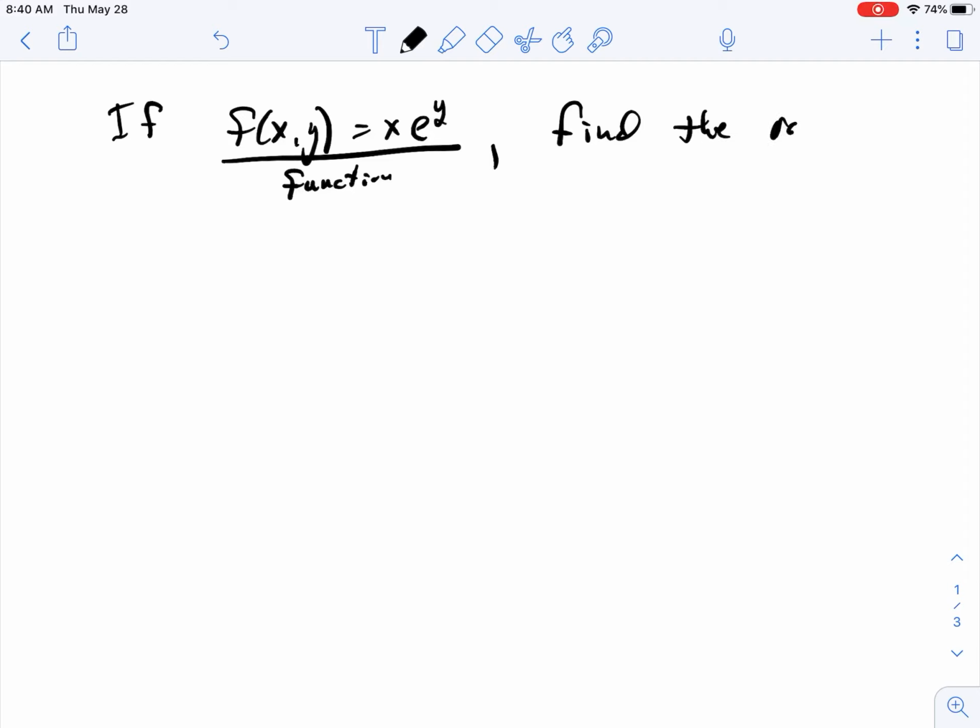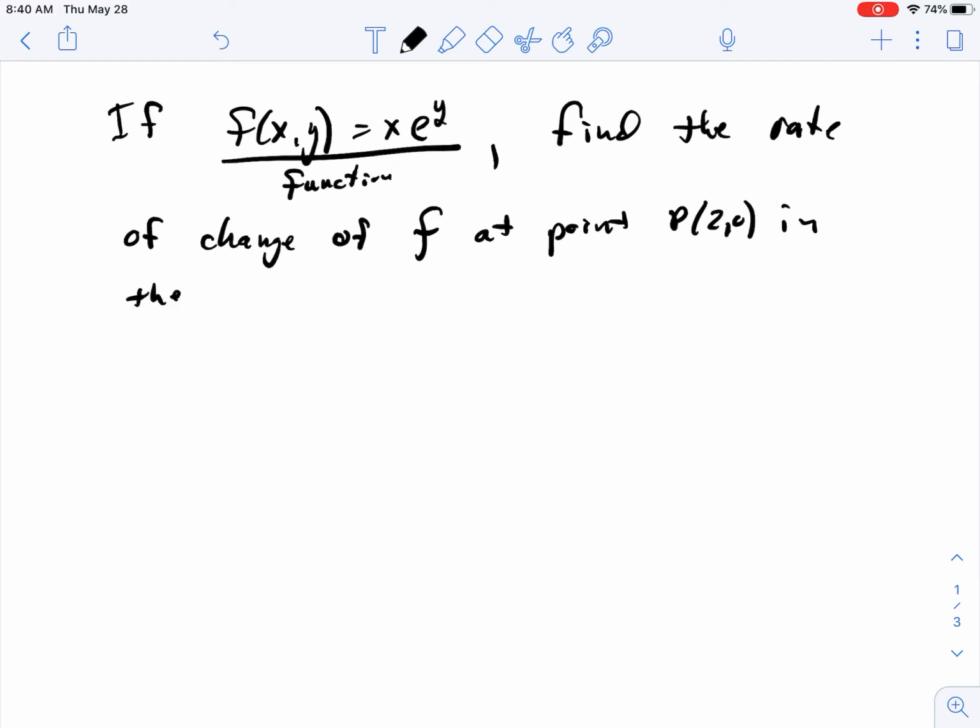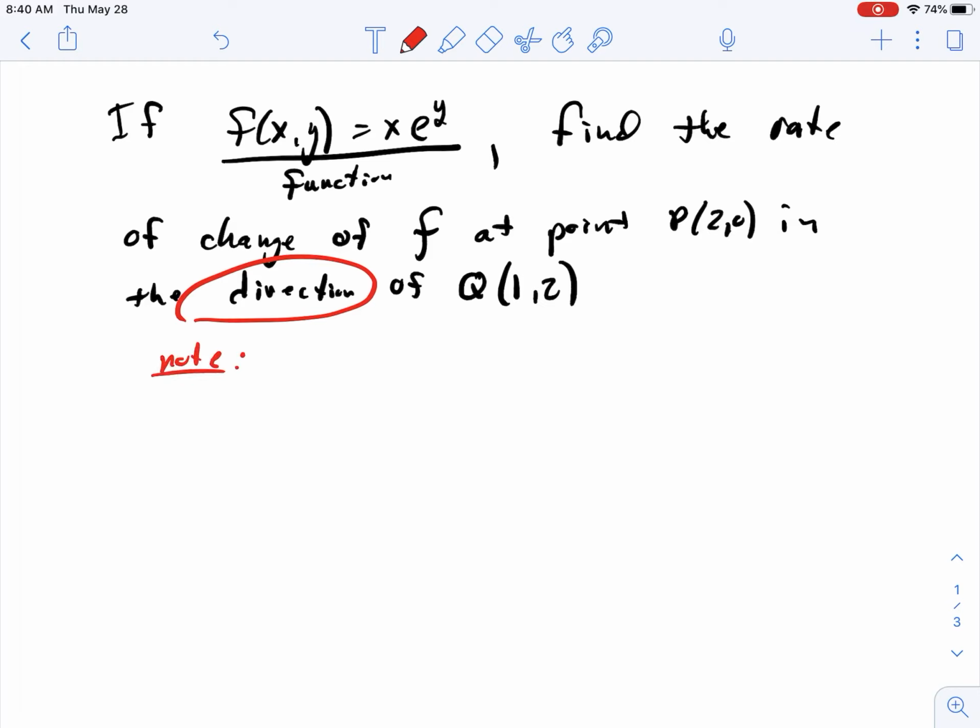Now find the rate of change of f at point P(2,0) in the direction of, let's say, call it Q(1,2). Okay. All right. So notice the word direction.